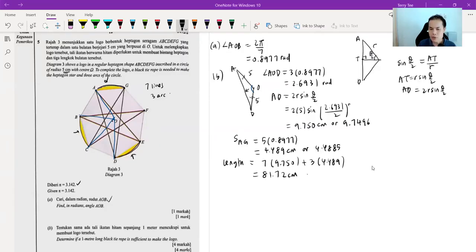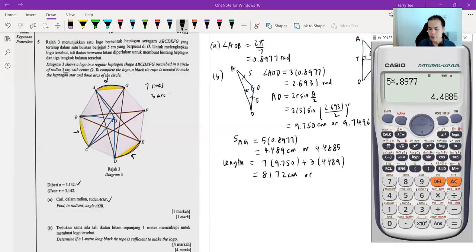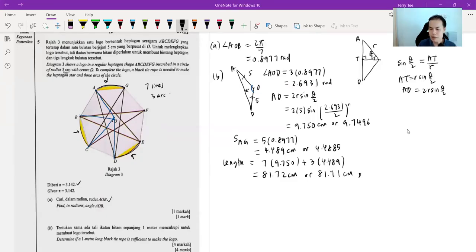So if you use more decimal points, 7 times 9.7496 plus 3 times 4.4885, I got 81.71. Yeah, so if you use more decimal points, you get 81.71. But I think it's good enough because this is already 4 significant figures, every step of the way is good enough. If you want a more accurate answer, use 5 significant figures here, 5 significant figures here, then your final answer will be 81.71.